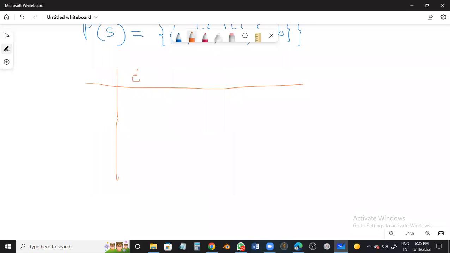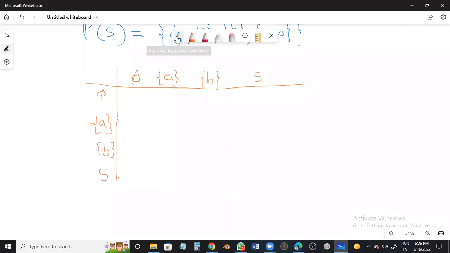I have the empty set, I have singleton A, singleton B, and this is the set S itself. Here again I have phi, singleton A, singleton B, and lastly let me write S.